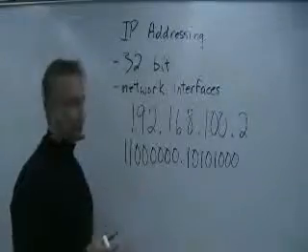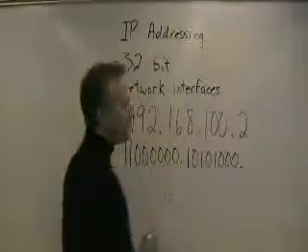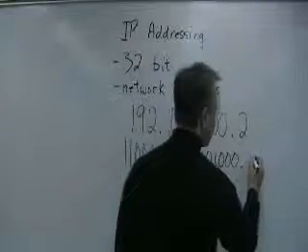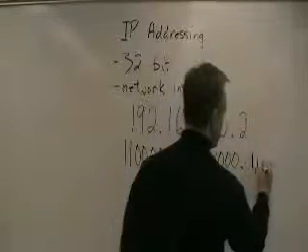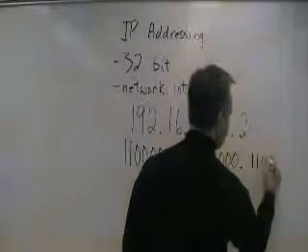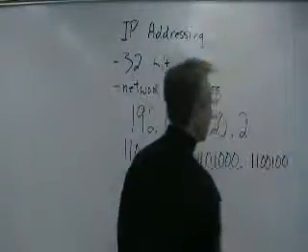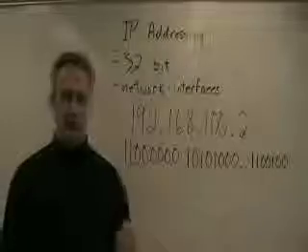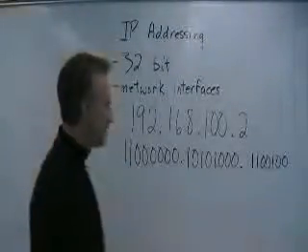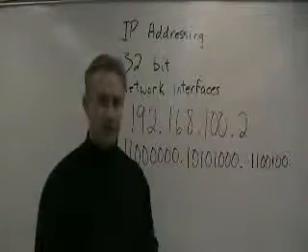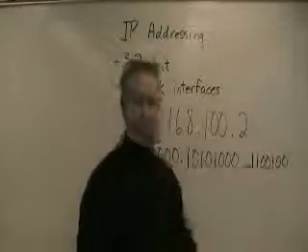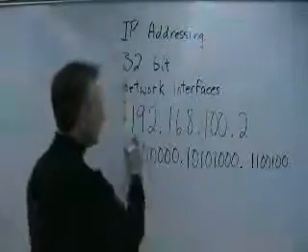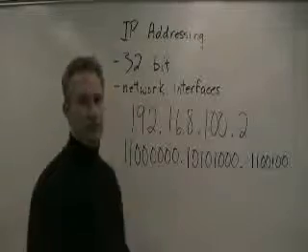Now when I say full 8-bit, that's important because, for example, 100 converted to binary is 1100100. That is the binary version of 100. However, there are only 7 bits there. Each number must be a full 8 bits.